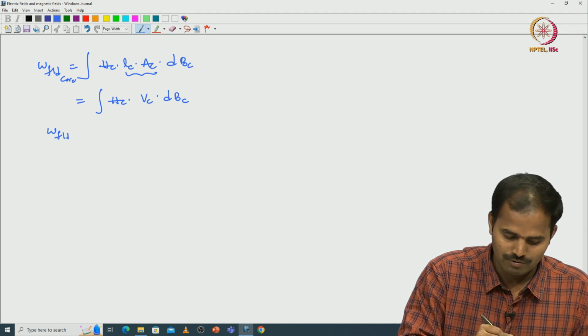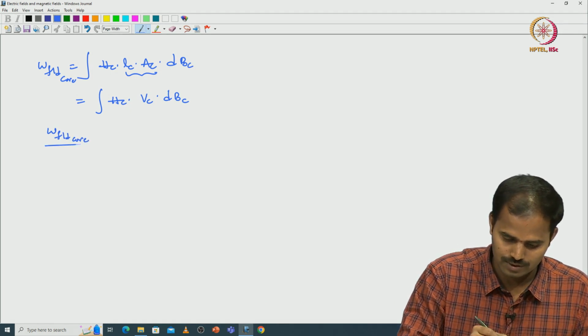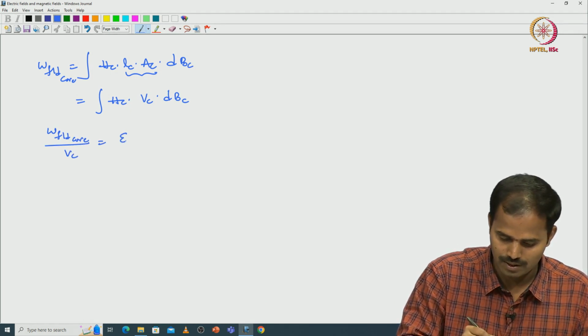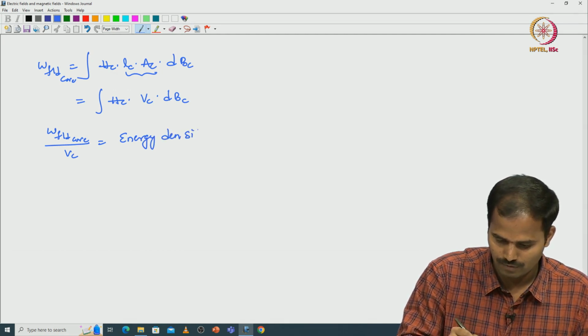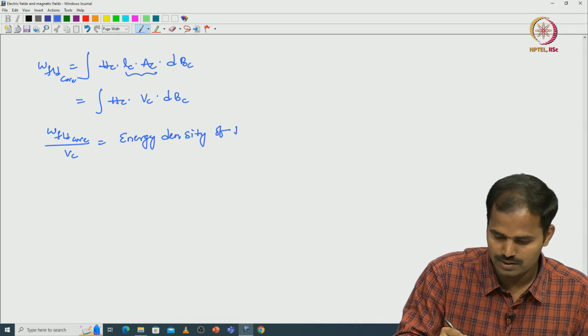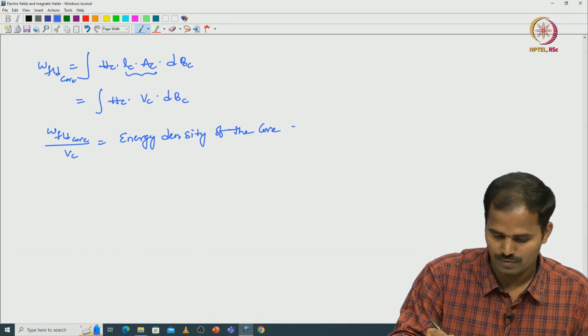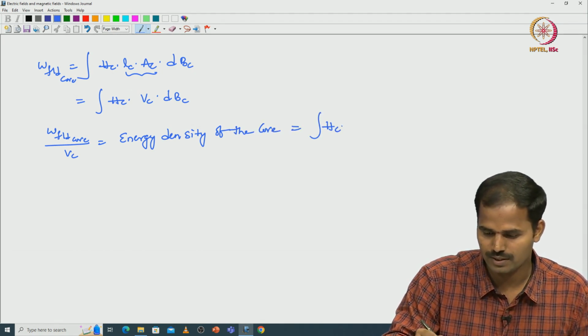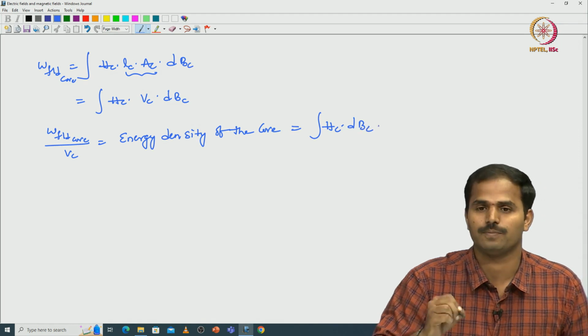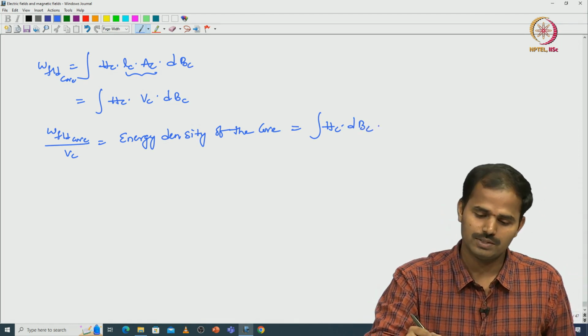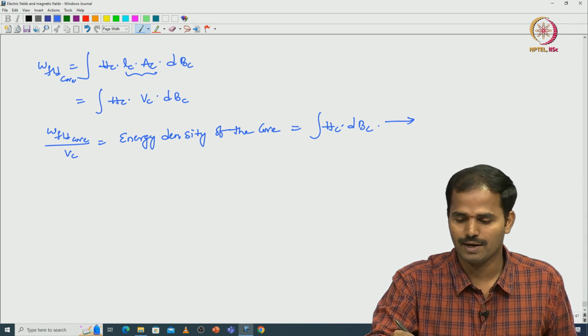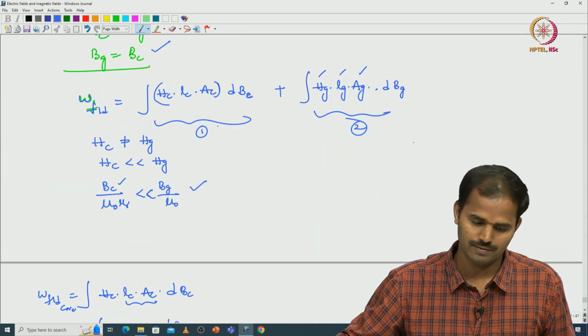The magnetic field of the core with respect to the volume is nothing but energy density, that is equal to the integral of Hc into dBc. So this term we are completely neglecting in the above equation.